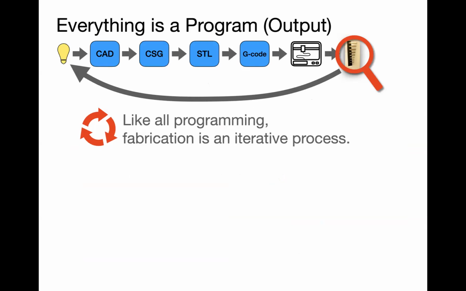Where does printability fit in? That things have to be connected and that it can be built up in a certain direction that understands gravity and whatnot? Yeah, so you would probably want to analyze that after the STL level, because that's when things have all been made just geometry.